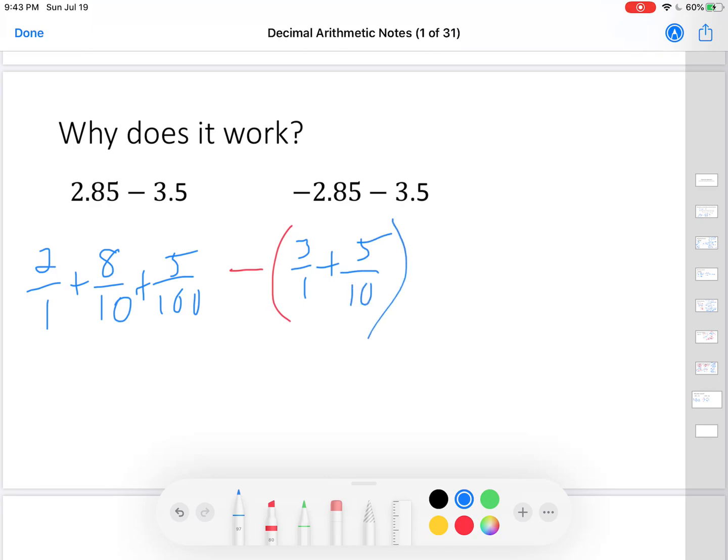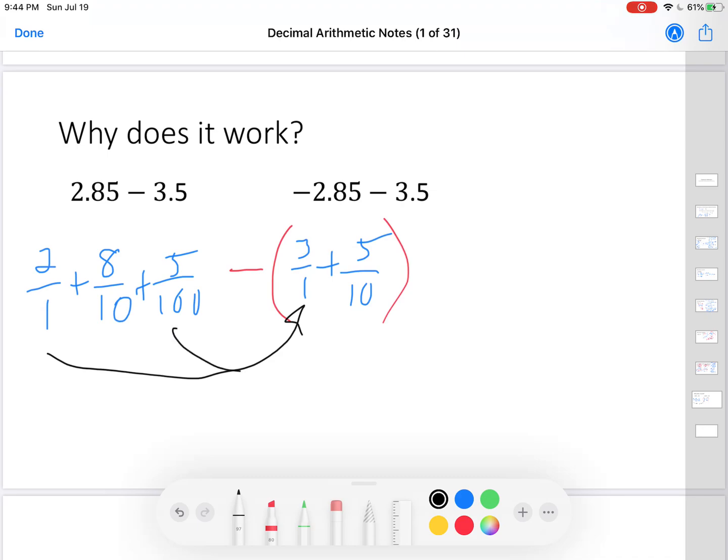Now, you have to add common denominators. So, would you add 2 over 1 with 5 over 10? No, it doesn't have a common denominator. You would add 2 over 1 with 3 over 1. So that's what you would do.